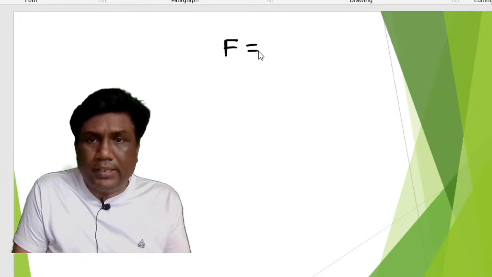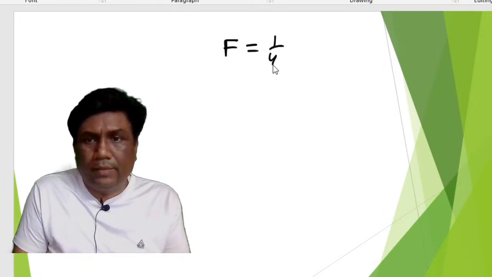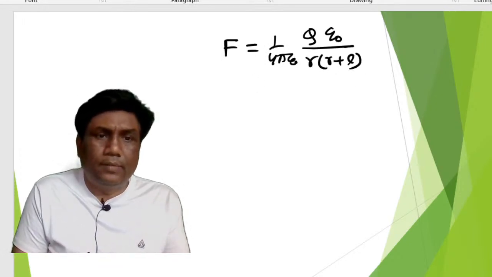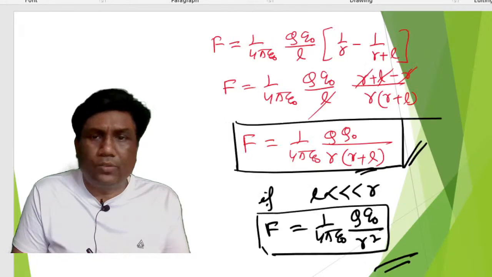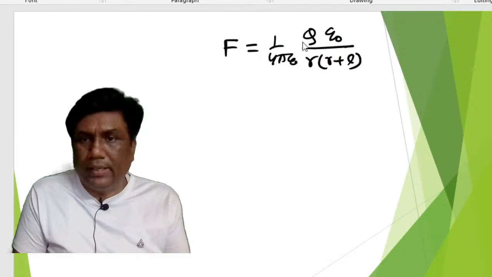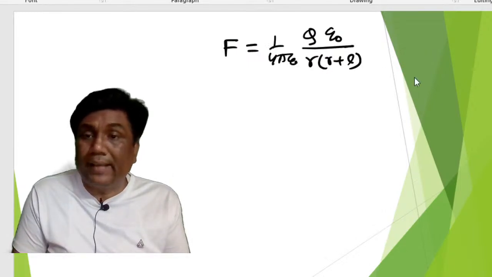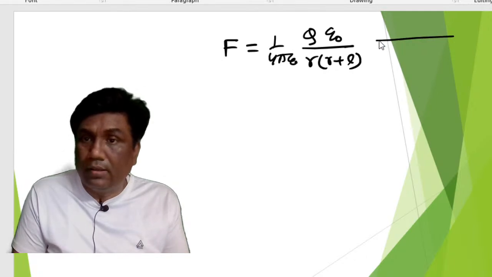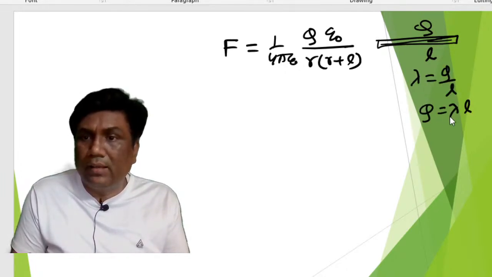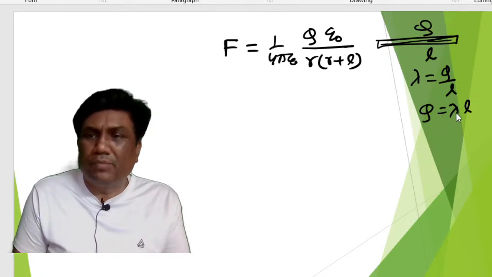Here, in this question, you have got 1 by 4 pi epsilon naught q naught by r into r plus L. That expression we have already discussed. Now q can be written as lambda into length, because this is a rod. It has charge q and length L. So lambda equals q by L, which means q can be written as lambda into L. So our expression will come in terms of lambda.